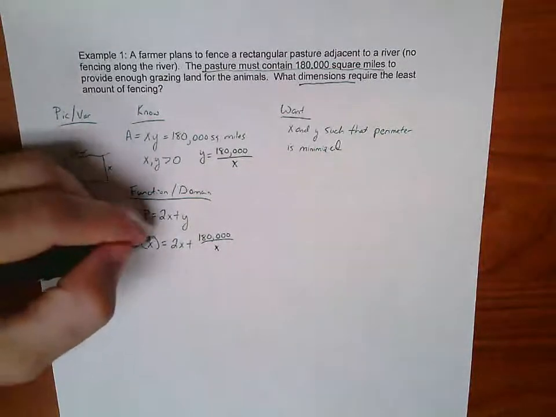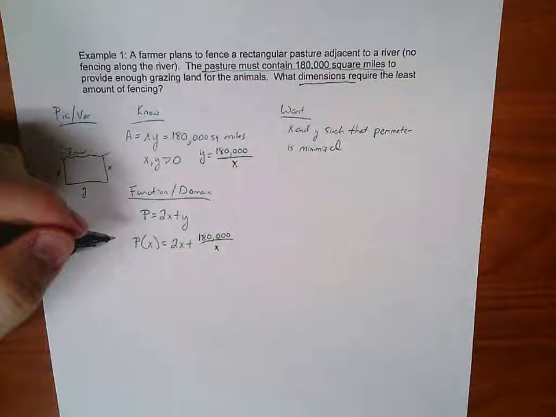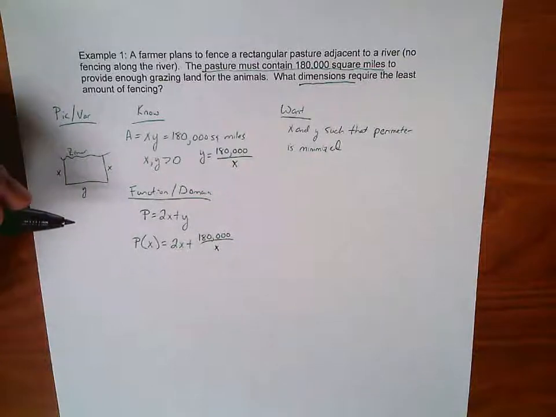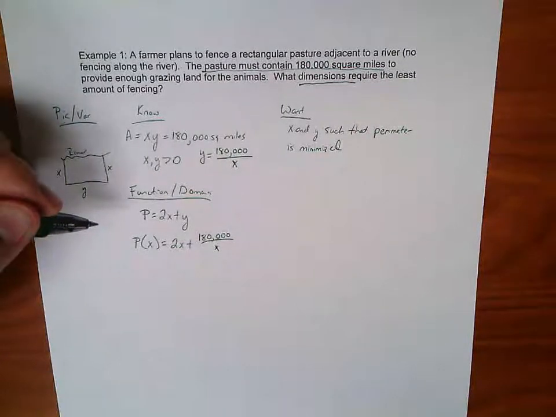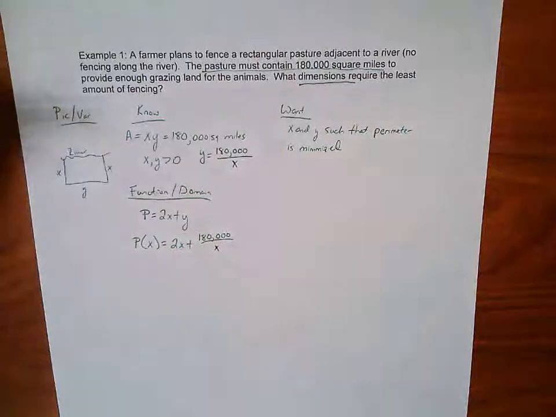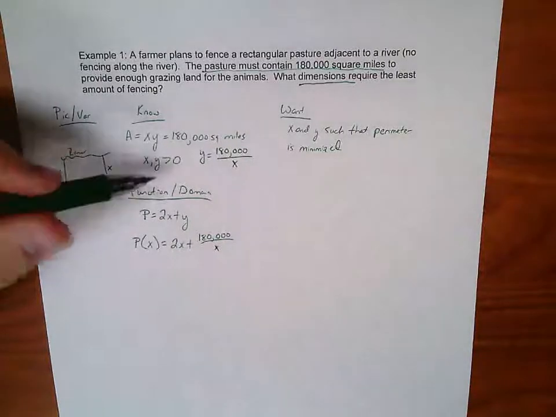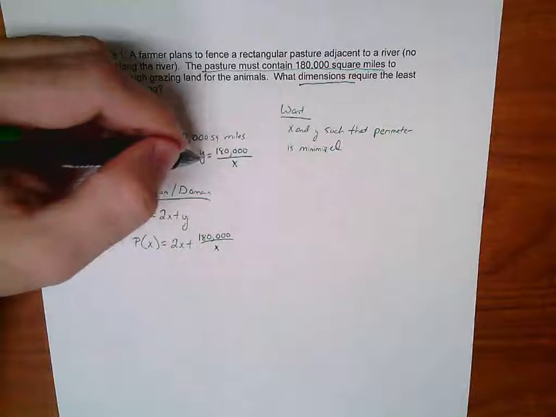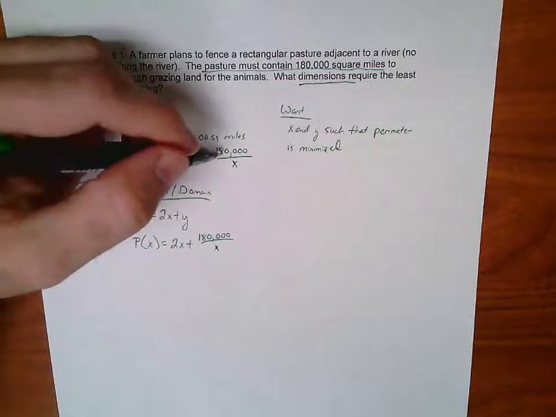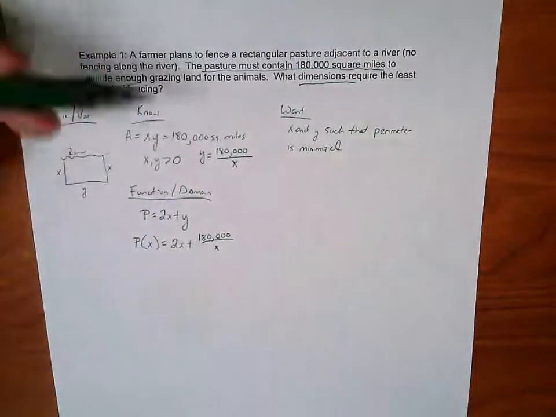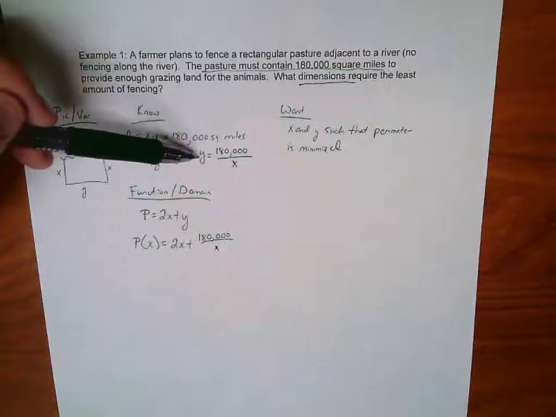So we've got our function. Now we need to figure out the domain of this function. We know x and y both have to be positive, since we're talking about sides of a fence, dimensions. If x is positive, then y, which is 180,000 divided by x, is positive as well.